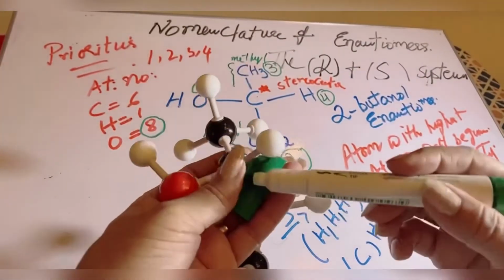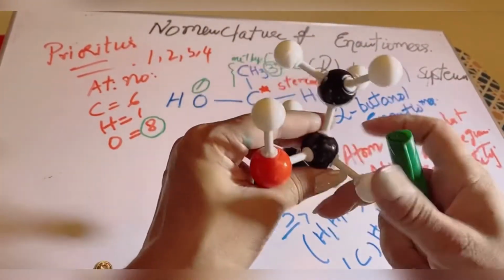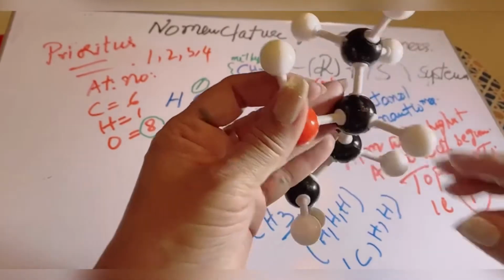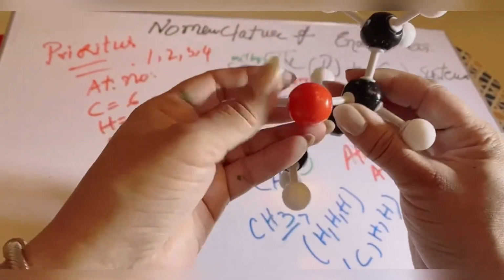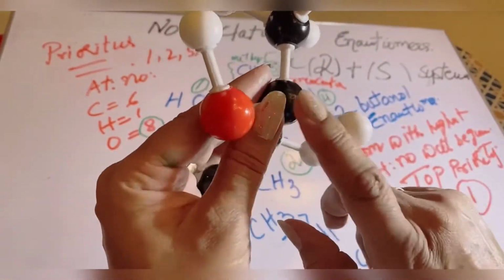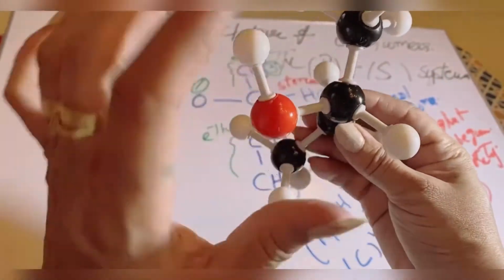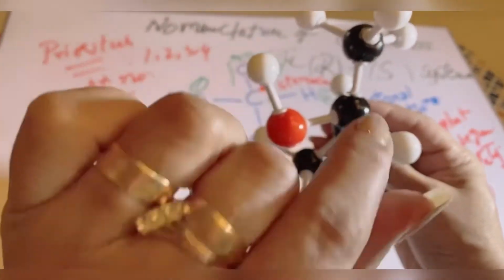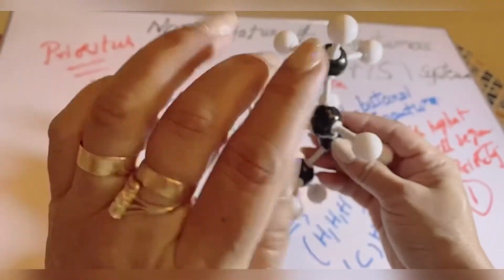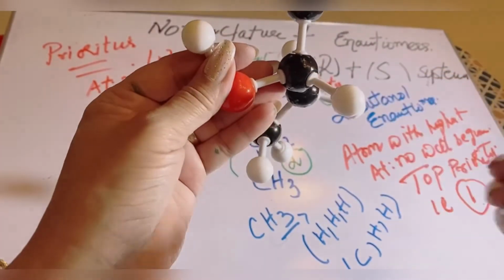If you look at our model, you can easily see how they are connected and how the priorities are given to the groups attached to the stereogenic carbon. This is the stereogenic carbon and the hydrogen, right? So the viewer is looking from here. We are the viewers and we are looking towards here, and we can see the hydrogen is pointing towards ourselves.